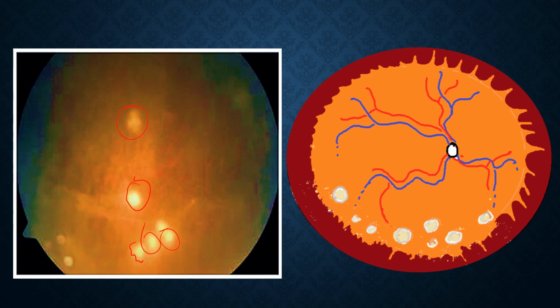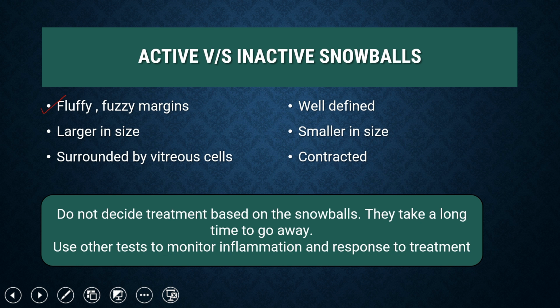So you can see the margins are not very well made out, so they are fuzzy, and the snowballs will be quite larger in size, and they will be surrounded by the vitreous cells, which indicates that there is active inflammation going on. Okay, whereas after some time the snowballs will become inactive and their morphology will change. Now their margins will become well defined, they will become shrunken or contracted, and their size would be smaller.